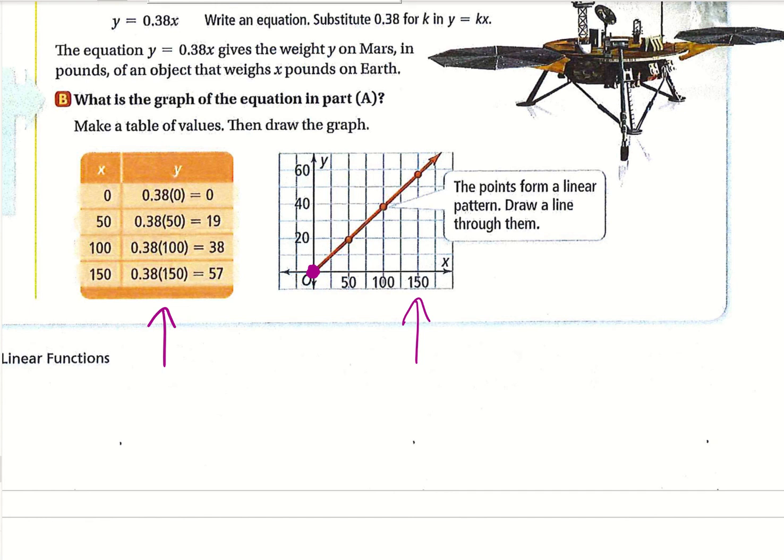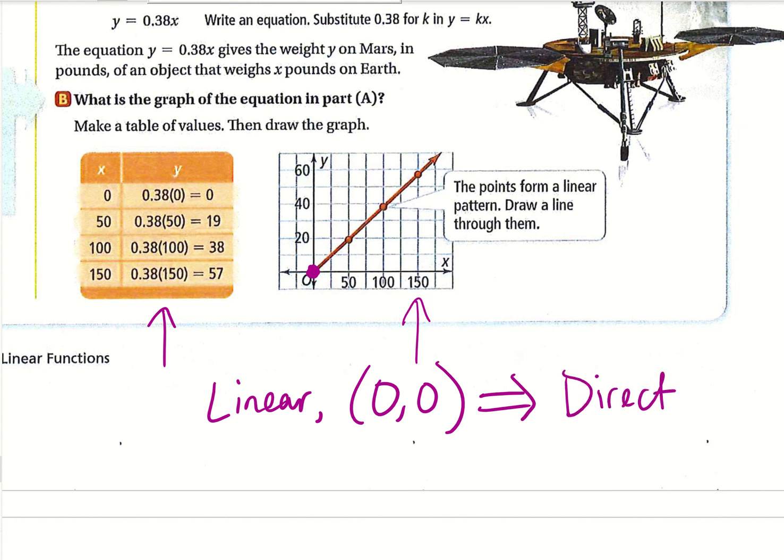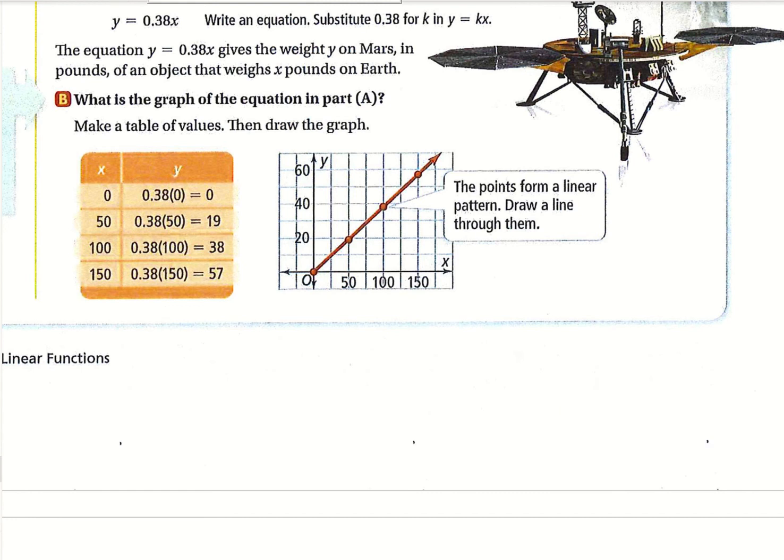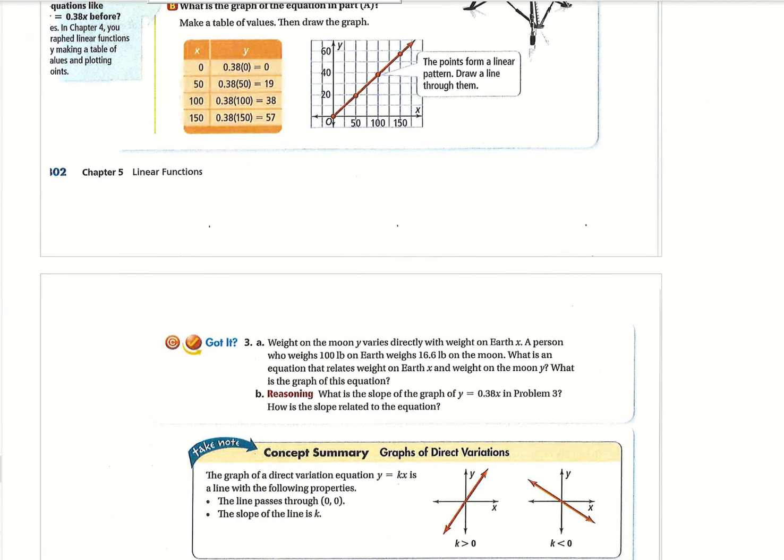If it's linear and it goes through the origin, or 0, 0, this means a direct variation. So that would be a good thing to have written down. That'll make it really easy to tell whenever you are looking at a graph. Okay, so that is that problem.